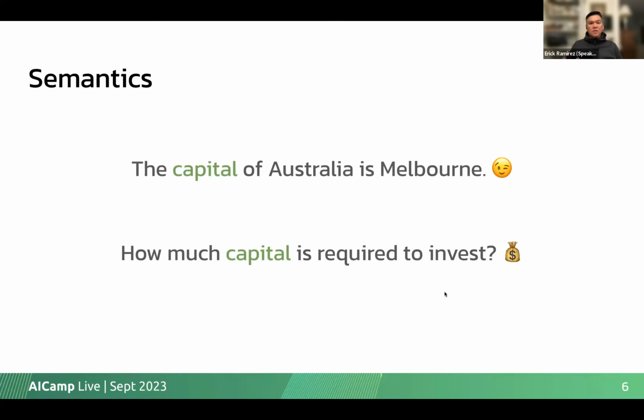Whereas in the second sentence, how much capital is required to invest. So the word capital in the second sentence is referring to something financial, something in a money sense, in terms of whether it's assets. Now, it's exactly the same word, both capital, but they have different meaning because now the context has changed from one sentence to the next.